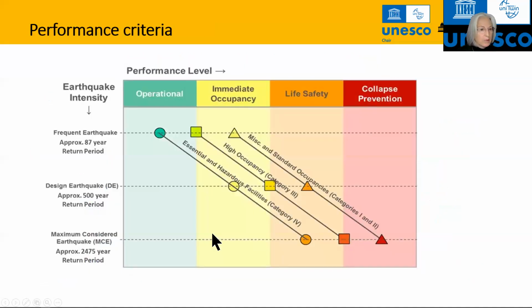So what we end up with is a matrix where we have different performance levels, different levels of earthquakes and return periods, and therefore different levels of target performance for different categories of buildings.